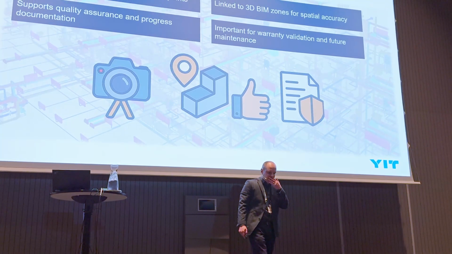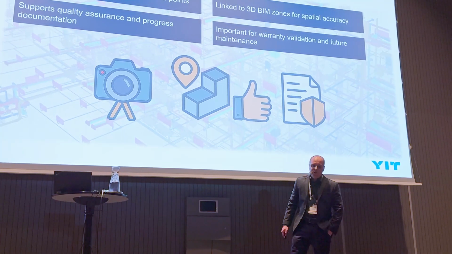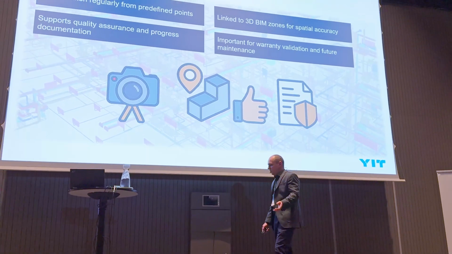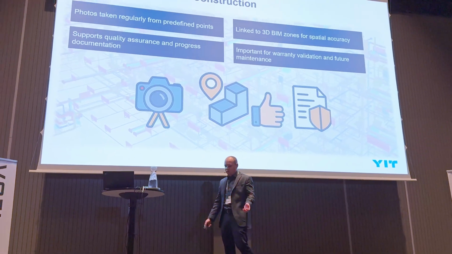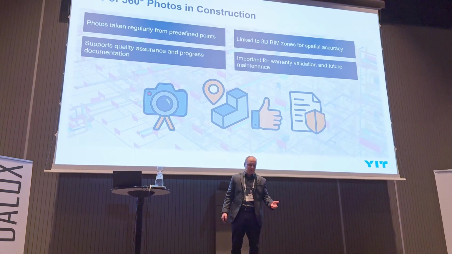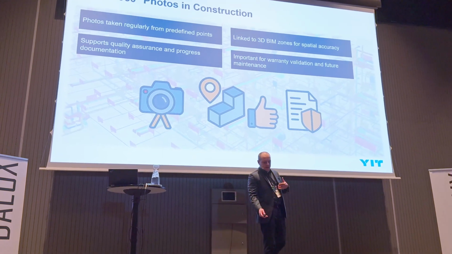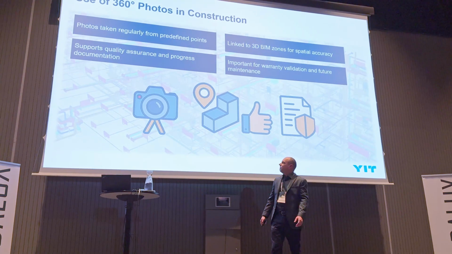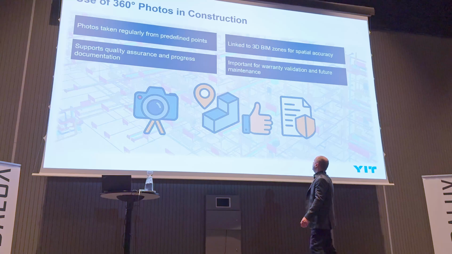Use of photos in construction: photos must be taken regularly, because you cannot come to the object when all the MEP systems are covered by construction, and everything else I think I already mentioned.